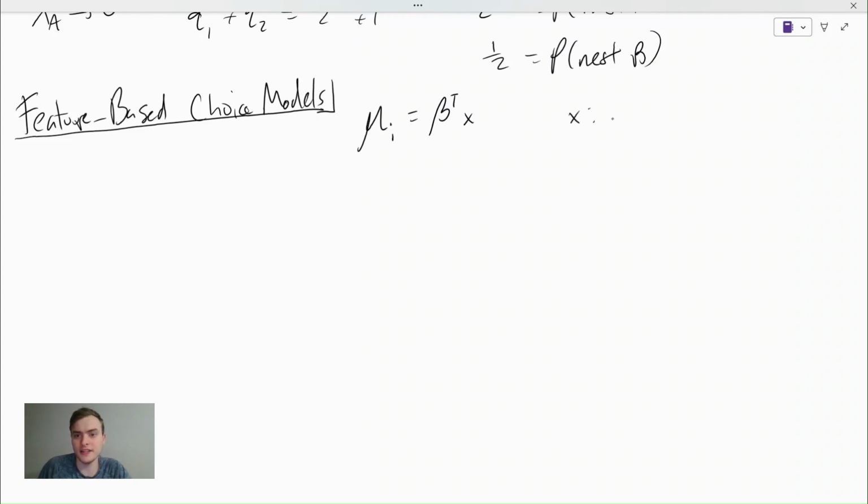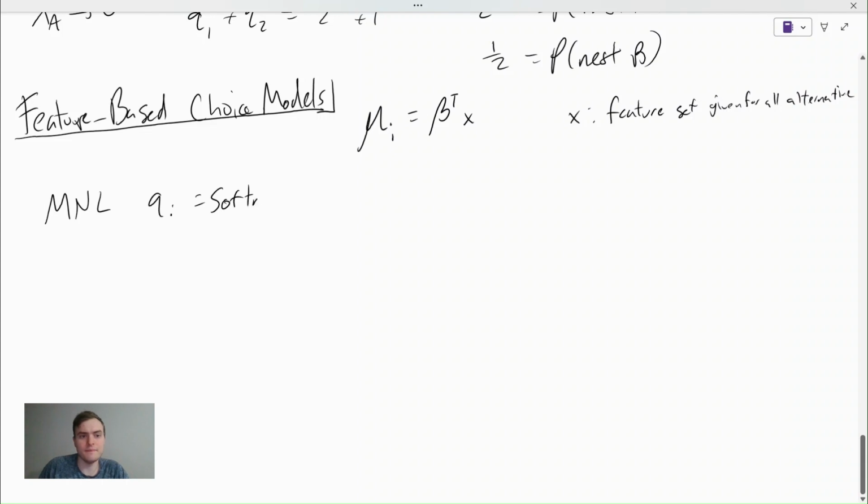So x is the feature set given for all alternatives, right? And then mu i is the mean utility for alternative i. So each alternative i has a vector x. For multinomial logit, we have q_i equals softmax of u_i equals beta transpose x.